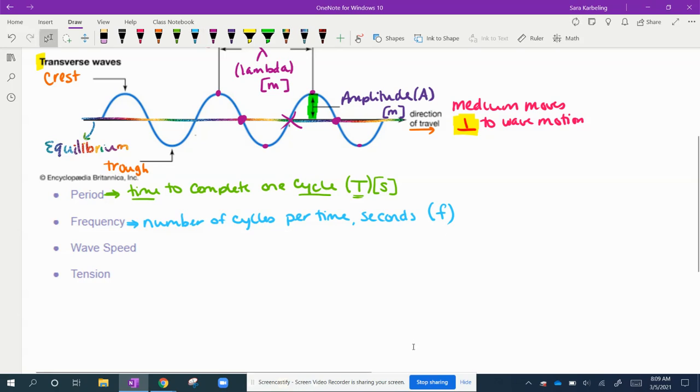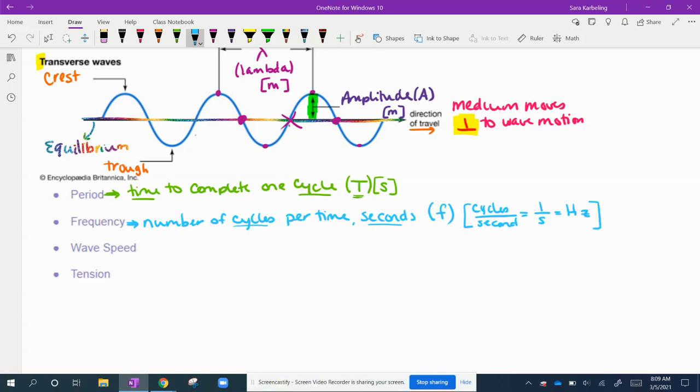The units are cycles per second. But the measurement of cycles is just counting, so it's not an official measurement unit. So you could also just say 1/seconds, or we've got another unit for that, which is hertz, Hz.